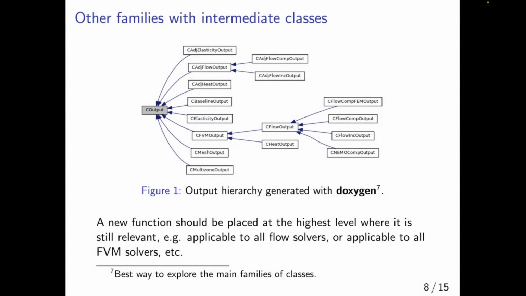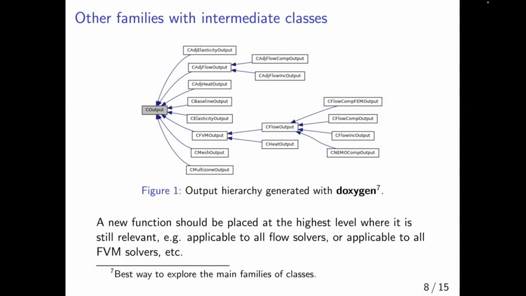So from the general output that just defines the interface to set a history variable, get a history variable, write the history, you then have something that encapsulates all the outputs that are common for FVM solvers.